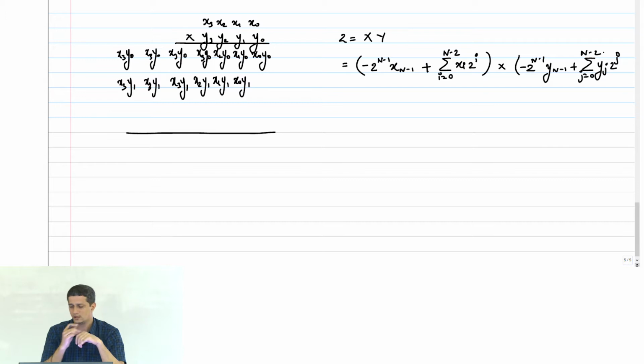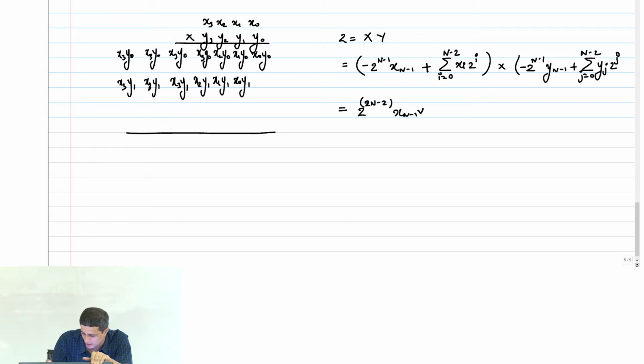What I am going to do is write out this negative term multiplication separately from the positive term multiplication. The first term, minus 2 power n minus 1 into minus 2 power n minus 1, will vanish, and you will get 2 power 2n minus 2 into x n minus 1 y n minus 1.